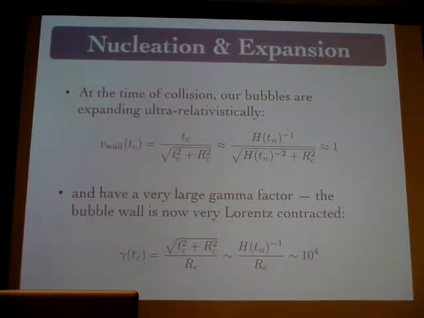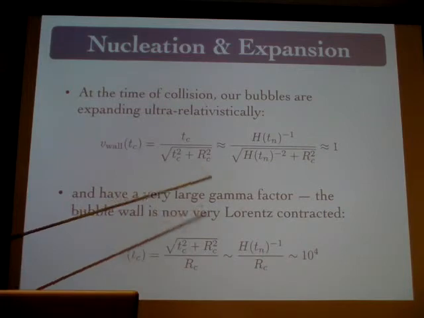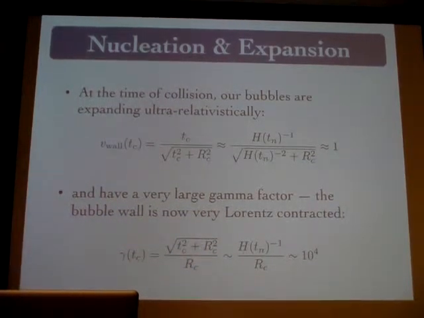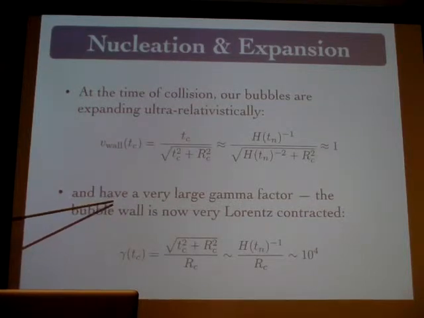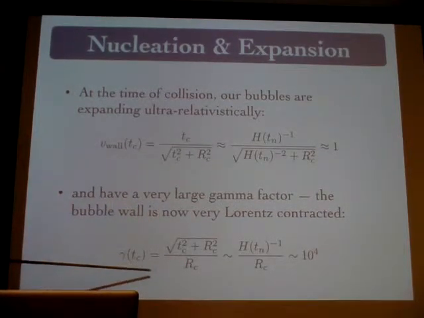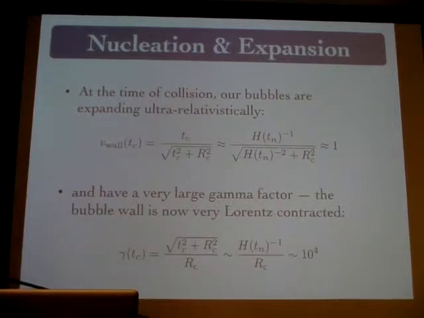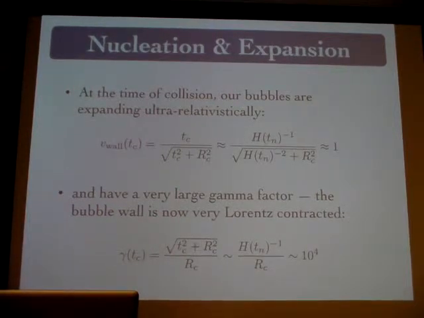In our case, the velocity of the bubble walls at the time they collide is very close to the speed of light. This is the limit of ultra-relativistic bubble walls, and the gamma factor also becomes very large, of order 10 to the 4. I said before that when these bubbles are nucleated, they have very thick walls.